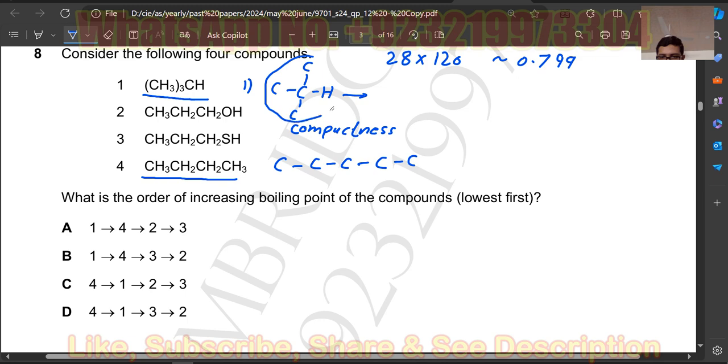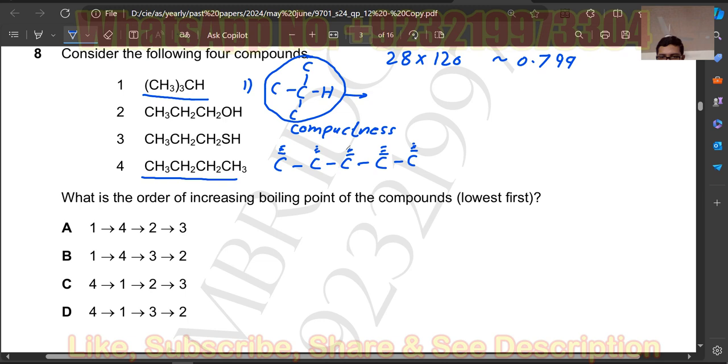There is less compactness of the molecules as a whole. This molecule will show less bonding with the other similar molecule, and as a result the van der Waals forces will be weakened, whereas there will be greater van der Waals forces for this hydrocarbon, which has a linear shape. There is least branching in this compound.